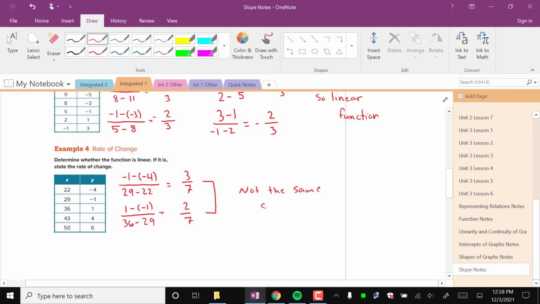So not a linear function. We don't have to keep going because we already found one issue. Since we found that one issue, we can stop right there and just say that this is not a linear function.